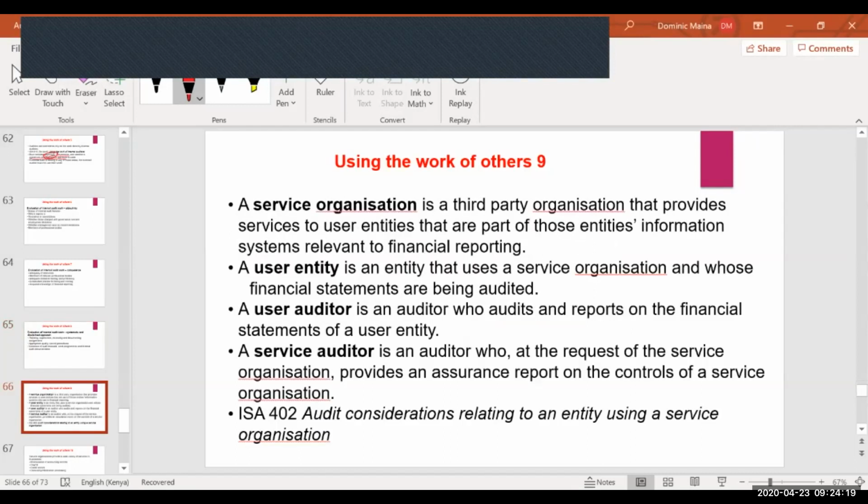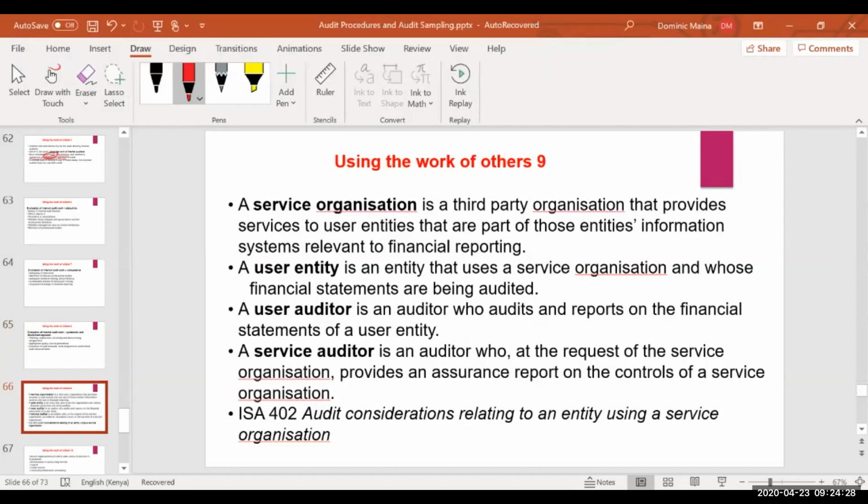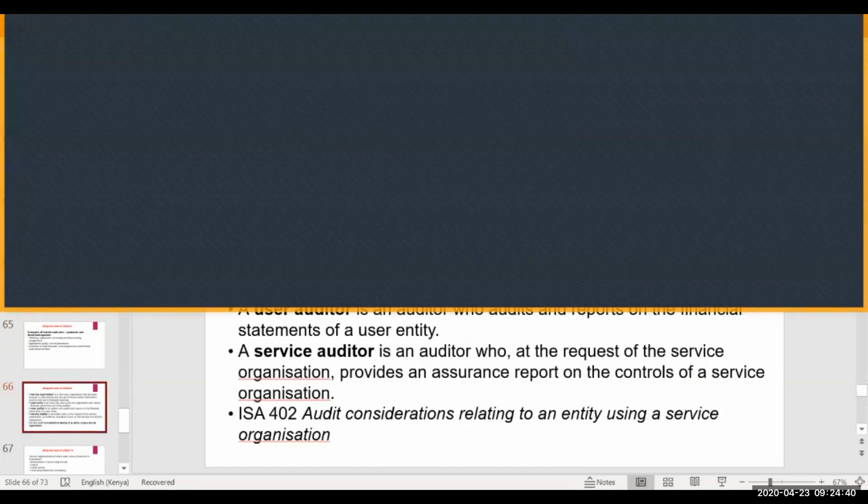On ISA 402, I want to simply make a mention, because it is more towards the advanced audits, but just to make a mention of it. In ISA 402, they deal with what we call a service organization. Just let me open the ISA for you.